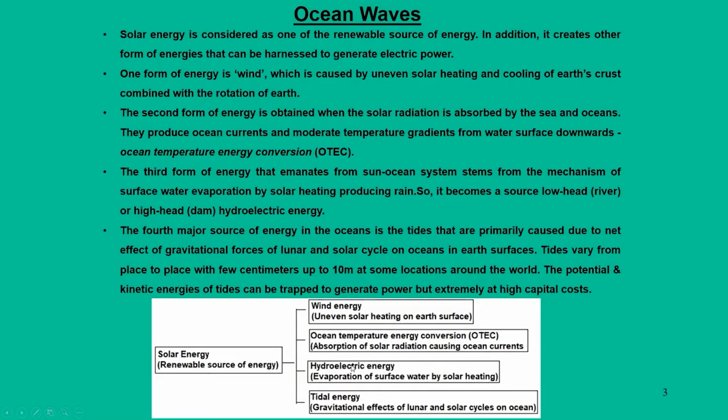The next passive impact of solar energy is rain. When solar radiation comes on the surface of sea or ocean, water gets evaporated and moves up, forms clouds at high altitudes, and eventually comes down as rain.